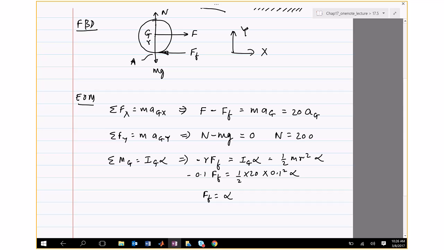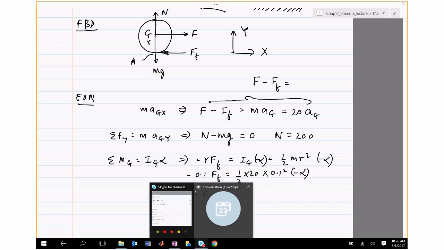Let me write this equation down again. Let me just assume that alpha is clockwise, so the equation becomes minus alpha, just to make my life easy.